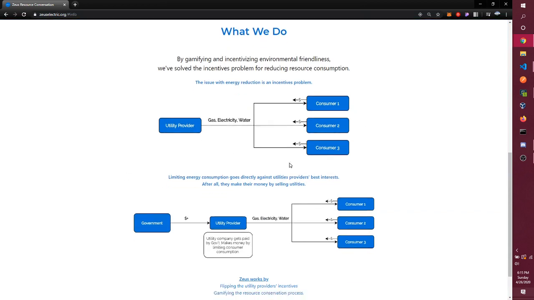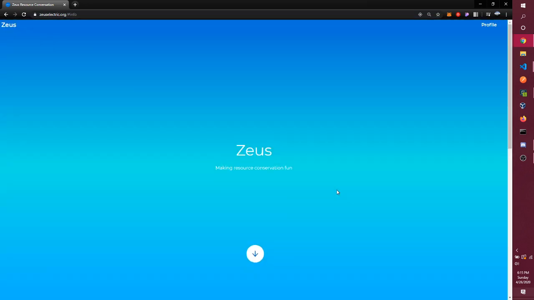And I used essentially Nginx to optimize some of the data pooling and some of the compression from the back end to front end. And if you want to view the site, you can go ahead and log in with your own information on https zeuselectric.org. It's a domain I own that I just got for the hackathon.